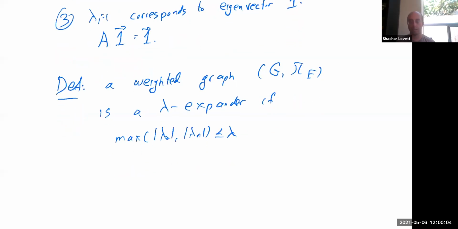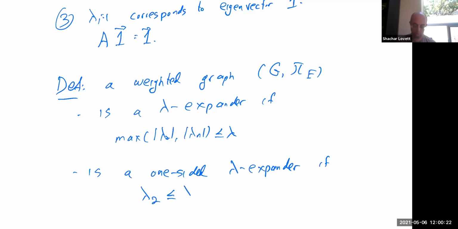And we'll see some applications where we care about one-sided expanders. It is a one-sided lambda expander if lambda 2 is at most lambda. So exactly the same definition as what we had so far for regular graphs. They directly extend to arbitrary weighted graphs with non-negative weights.